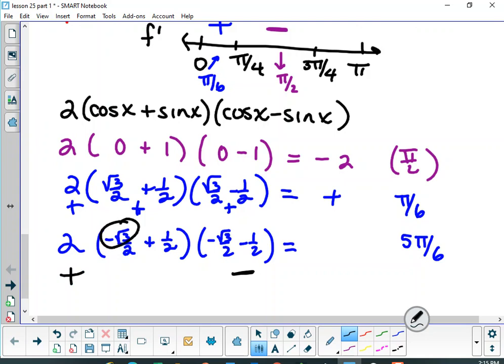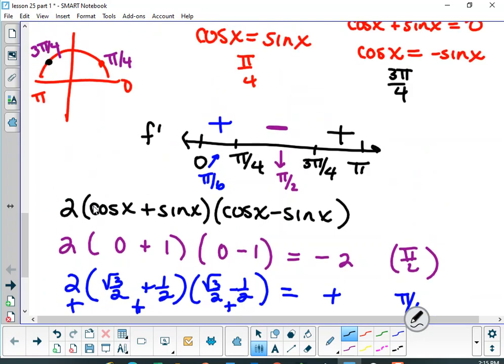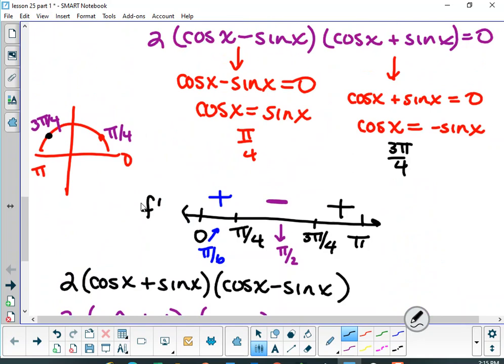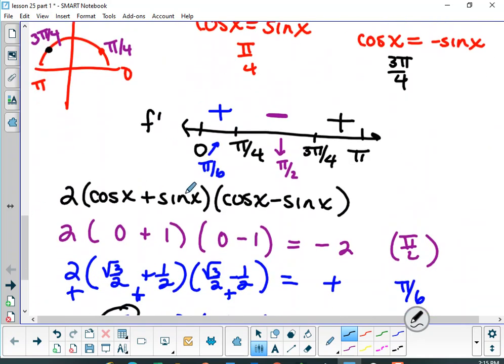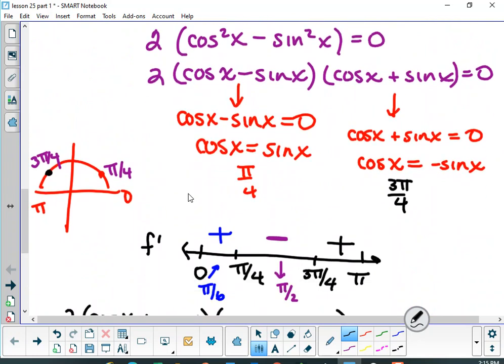Root 3 is bigger than 1, and it's negative, so something bigger than 1 that's negative plus 1 will stay negative. Ugh, yeah, this is super triggerlicious.